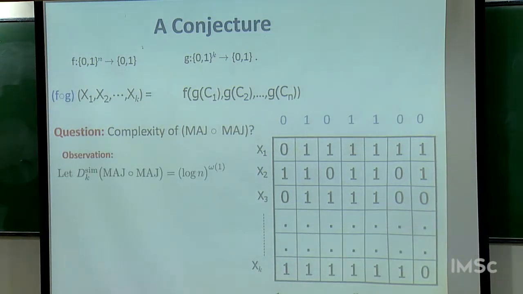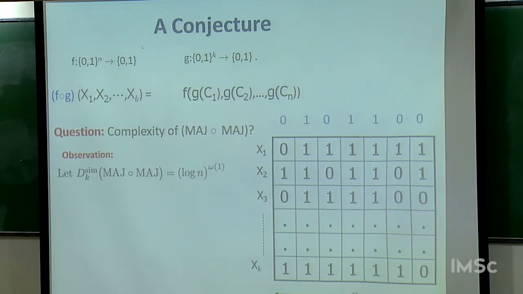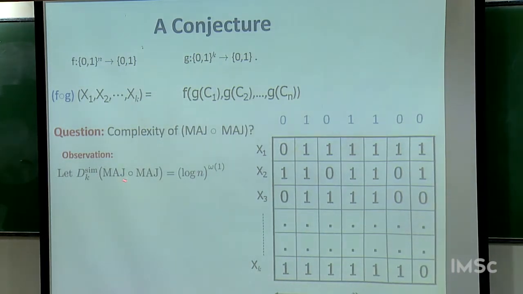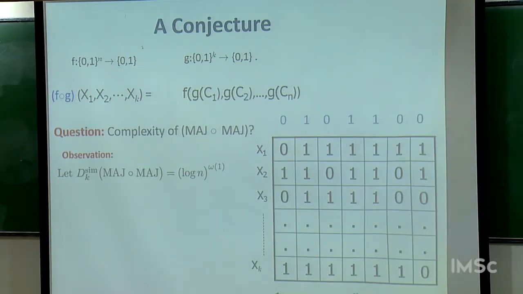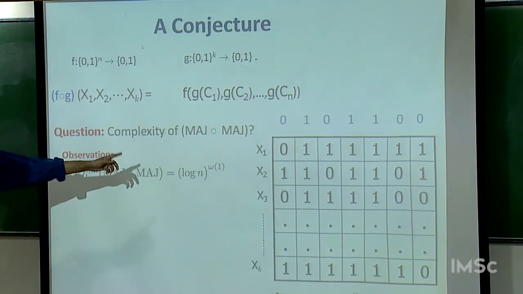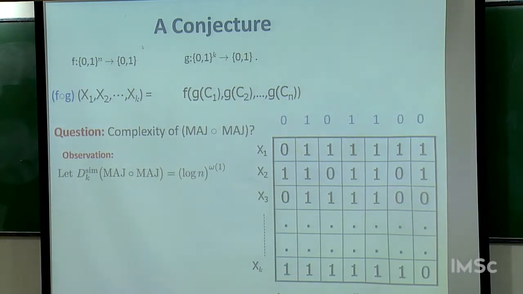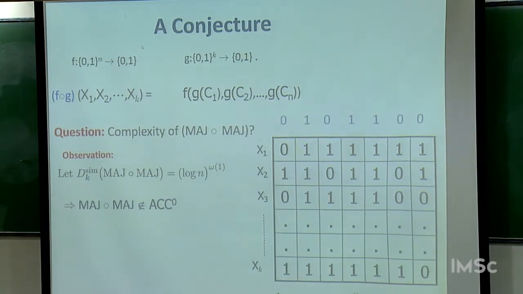So based on that, there's a very tempting belief that at least the deterministic simultaneous complexity of this function, where there's no interaction, should be super logarithmic. It seems like it should even be omega n, but certainly it should be super logarithmic, right? Seems like a very reasonable conjecture. And if this conjecture was true, then, as I said before, majority of majority would not be in ACC0, right? By this theorem that I just said.